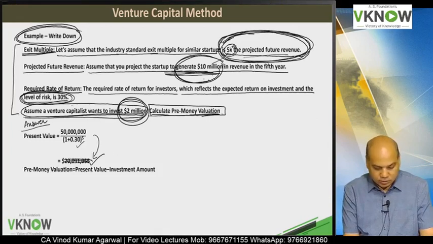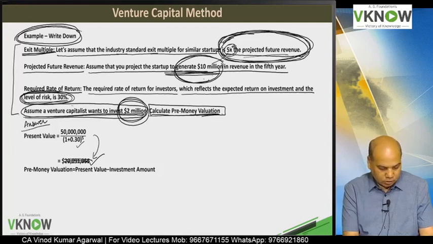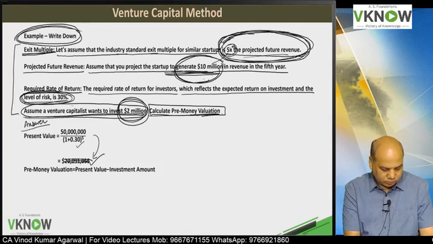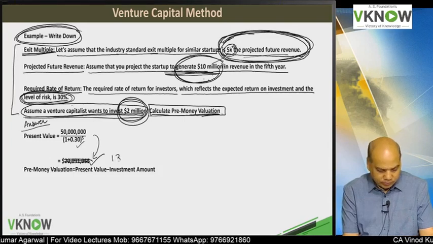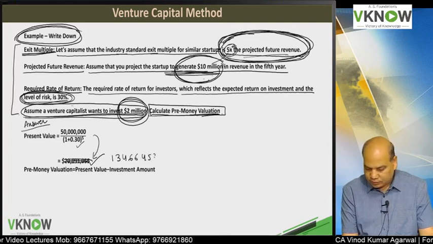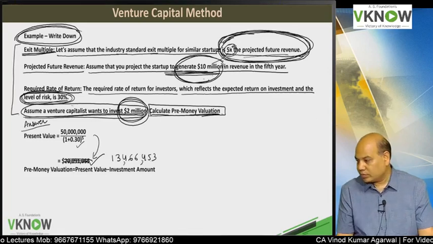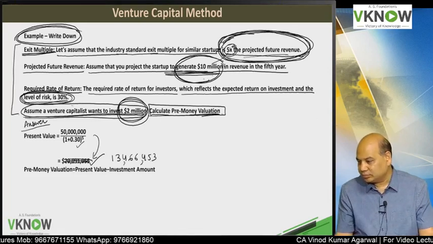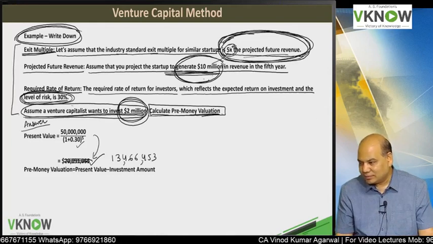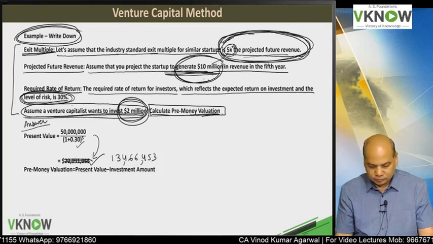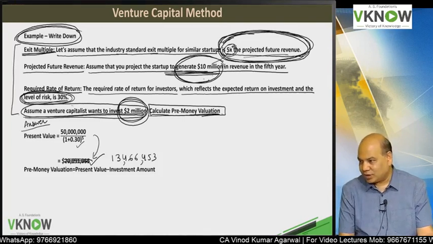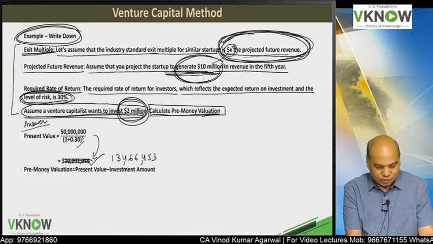What is the answer? Yes. I am getting 1, 3, 4, 6, 6, 4, 5, 3. Can you please check again, everybody? We don't want to go with wrong answer.